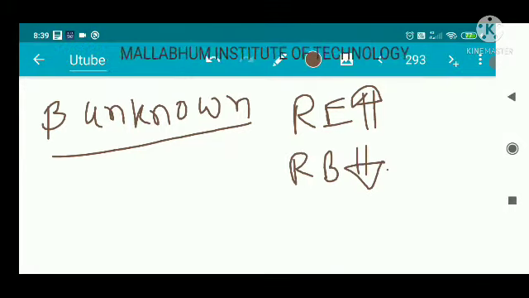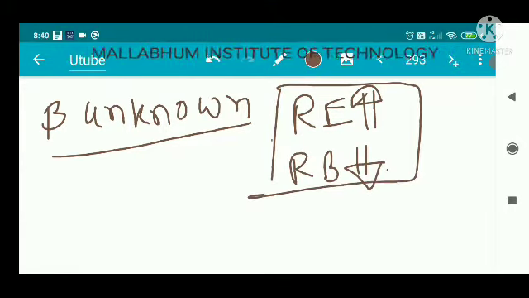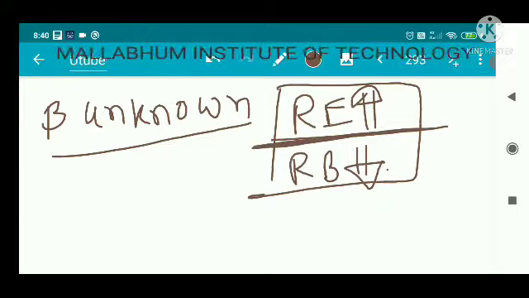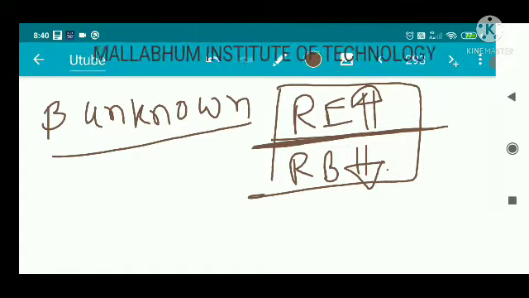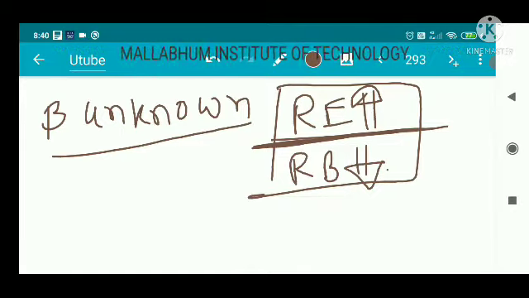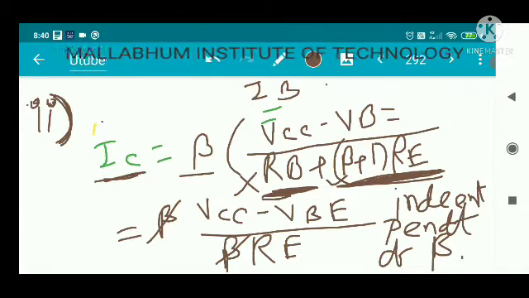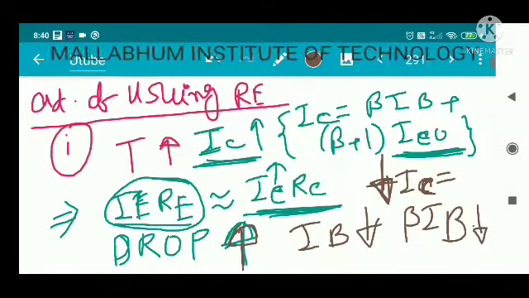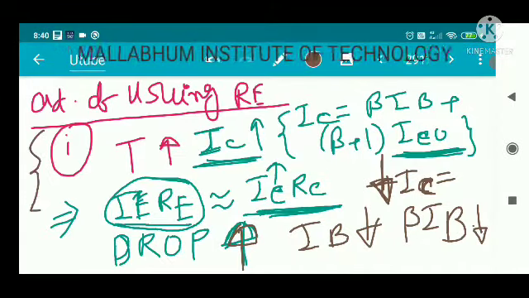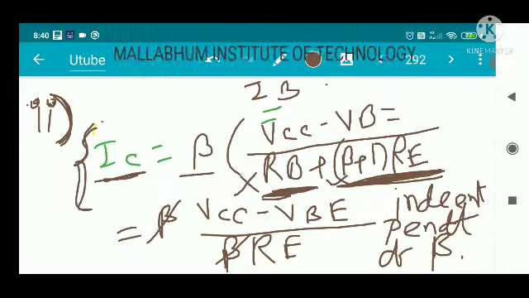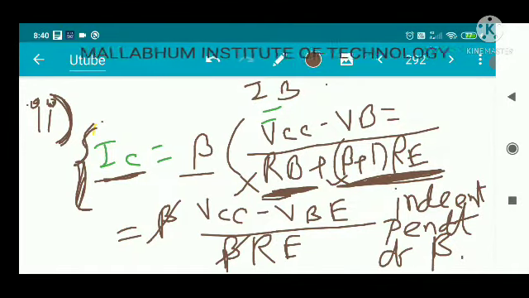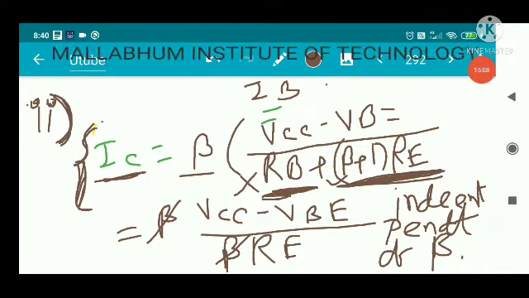That is the main disadvantage, because making RE very much higher is not feasible in the circuit from a practical point of view. That is the one small disadvantage that you will not consider. But here IC tries to be independent with respect to temperature and with respect to beta, and that is our main advantage of using the emitter resistance at the emitter terminal in the fixed bias circuit.